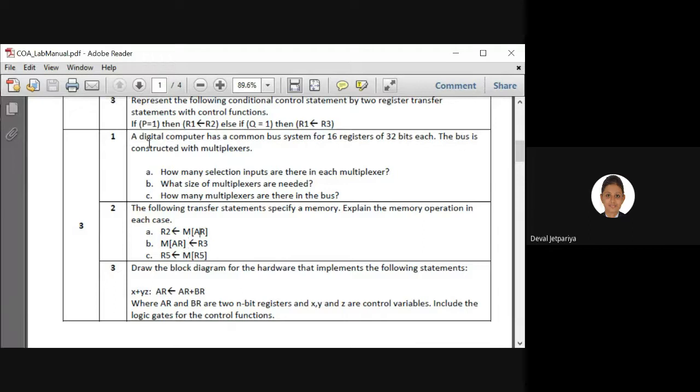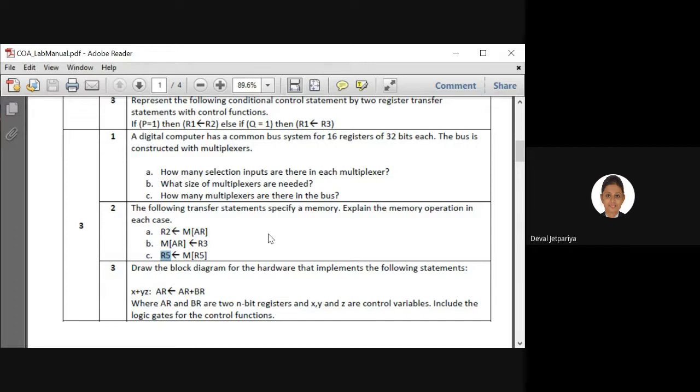Now in the last question, memory of R5 we are transferring to the R5. That means as here we are pointing to the memory of register R5, first we are reading the memory word from this R5 register, and after that the same content we are transferring to the R5.